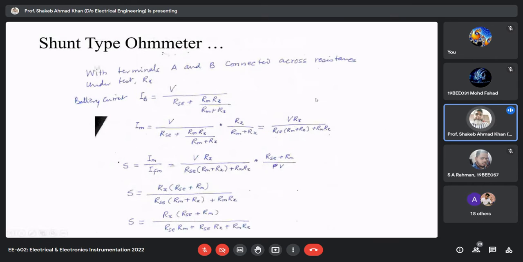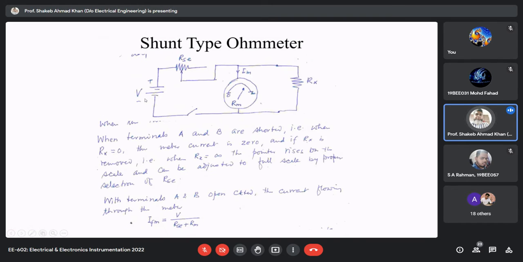Now, with terminals AB connected across the resistance under test Rx, the battery current in this case, when Rx is there, this is basically your AB.